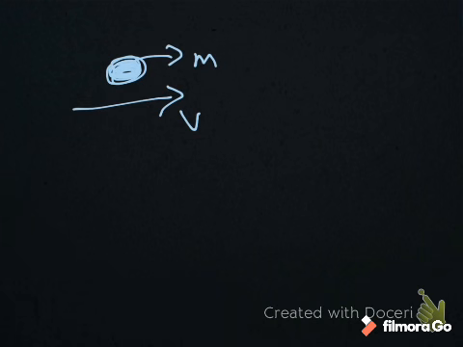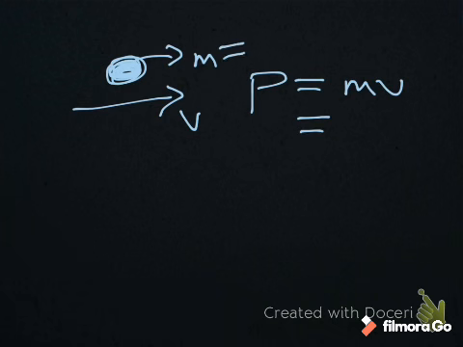Now we will say that the momentum of the ball is mv, and to make things more concrete, let the mass be, I don't know, what should be the mass of a ball.